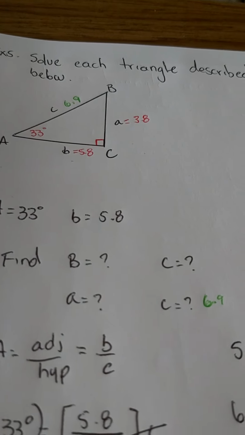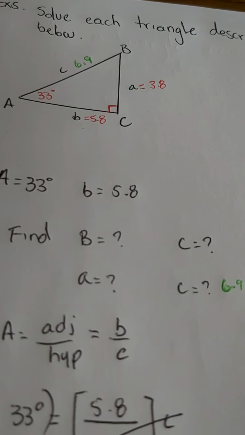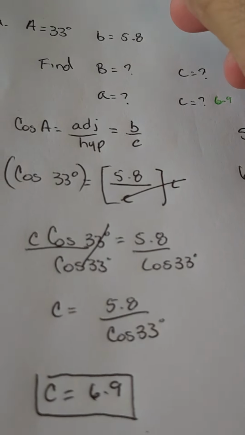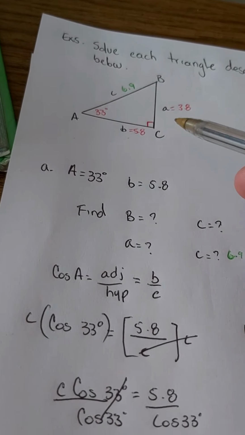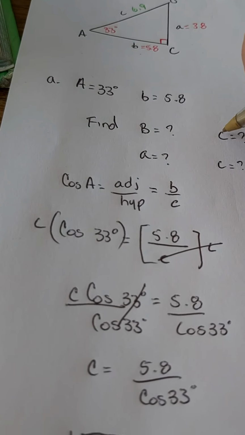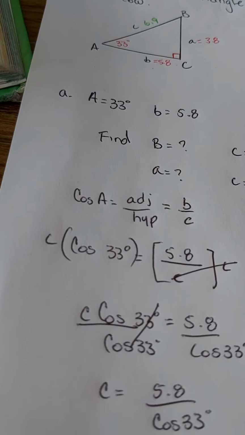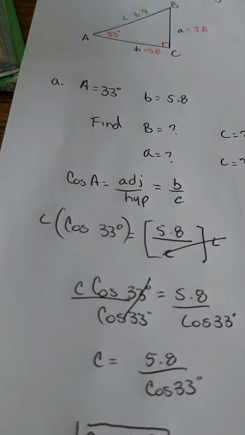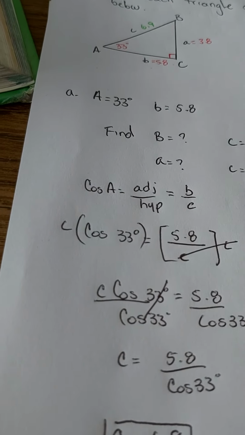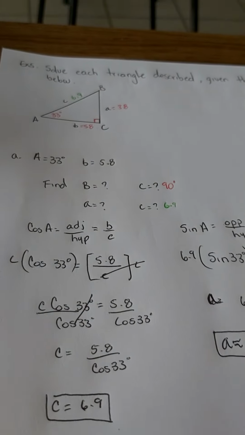Now we know the three sides of the triangle, and what are we missing? Angle C. Angle C, we know that it's 90 degrees, right? It's a right angle, so C equals 90 degrees. So the only thing missing is angle B. How can we find angle B?